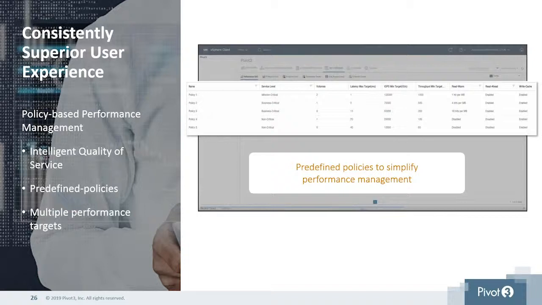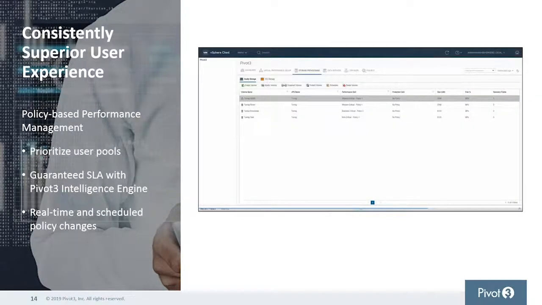What I want to point out is that these policies are not reservations, and they're not caps or limits. They're really priorities. That's the way we're able to make more efficient use of resources. For example, if a higher priority workload is not using its resource requirements, the system automatically provisions those resources to lower priority workloads.